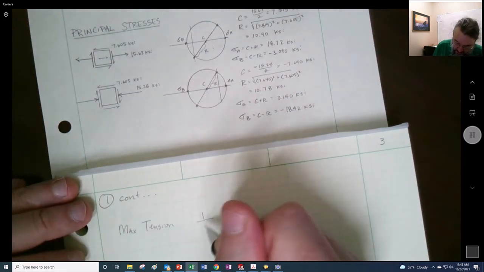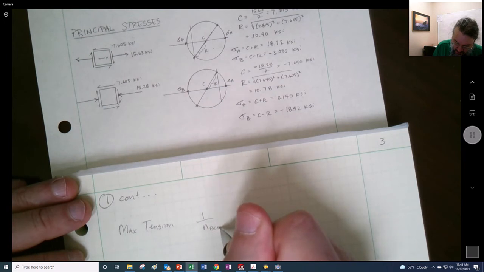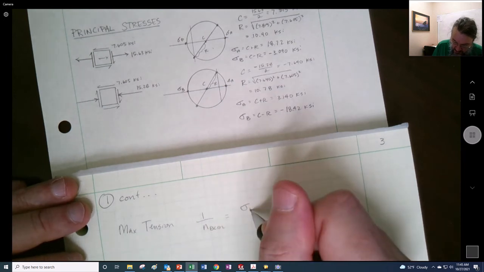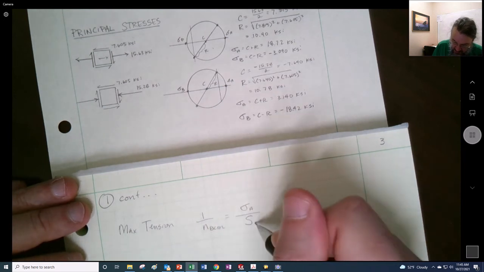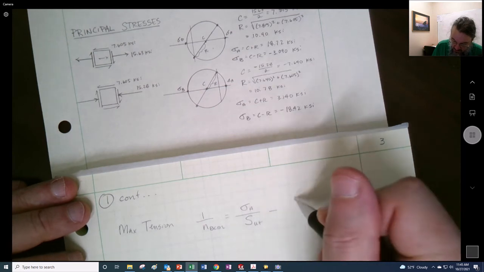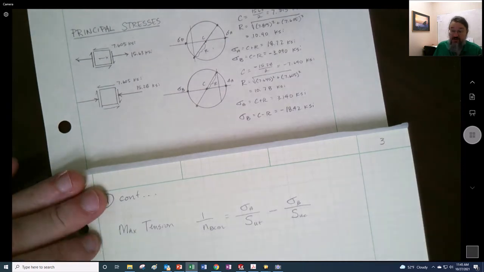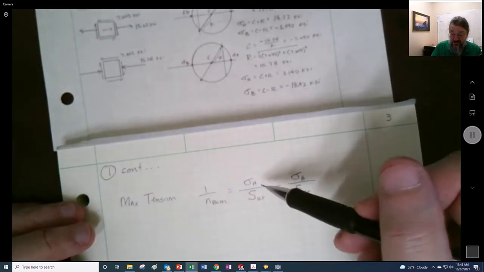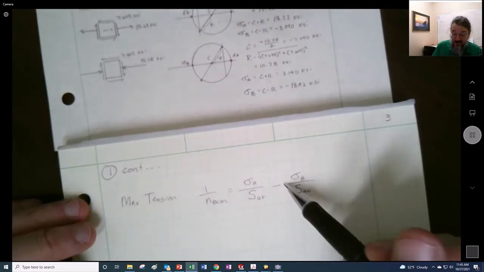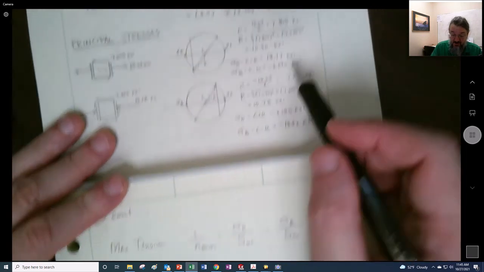The equation for the brittle Coulomb-Mohr safety factor is sigma A divided by the ultimate in tension, minus sigma B divided by the ultimate in compression. And you can even just memorize that, because of the apples and apples idea. The negative is there simply because sigma B will be negative.